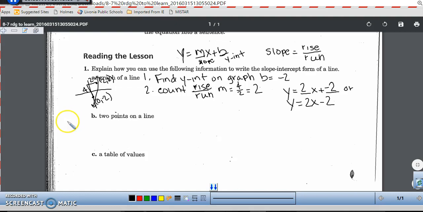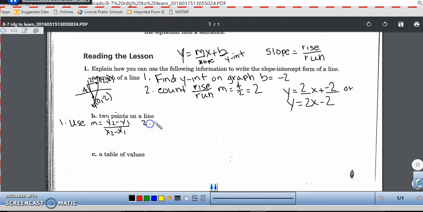So if there's 2 points on a line, step 1 is going to be to use y2 minus y1 over x2 minus x1. Okay? So we've done that before. That part is going to be review.